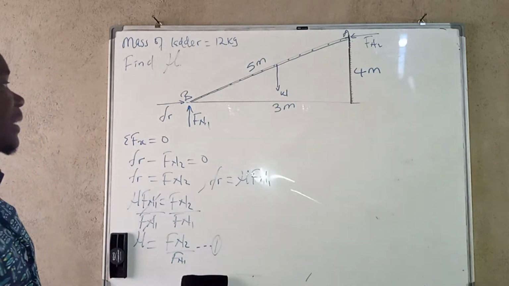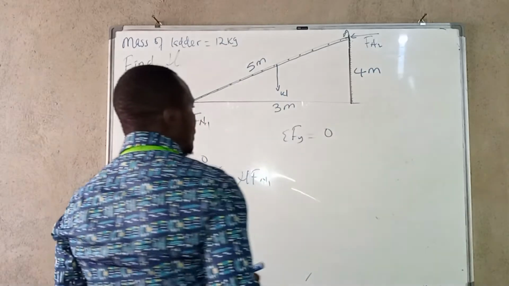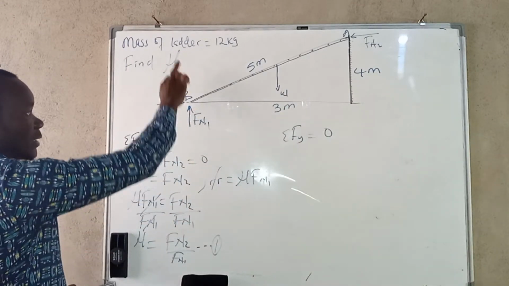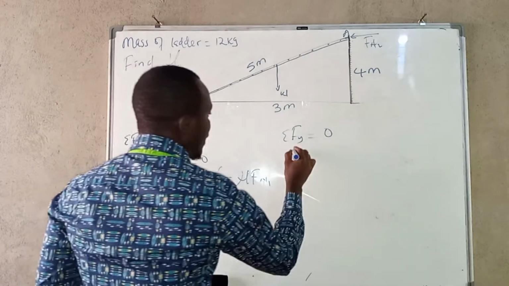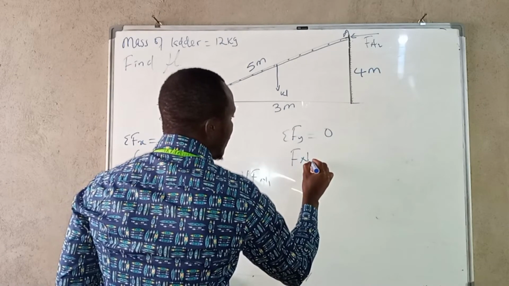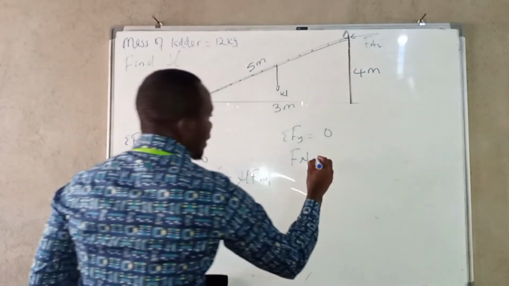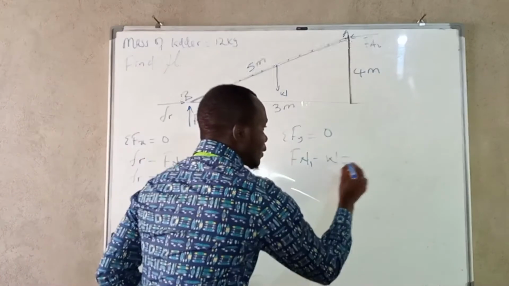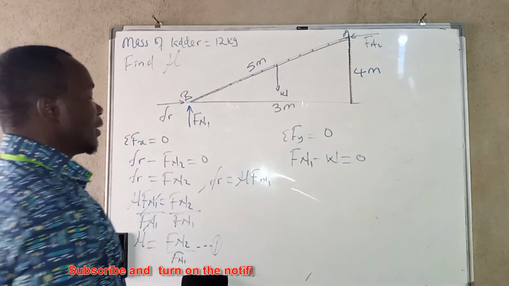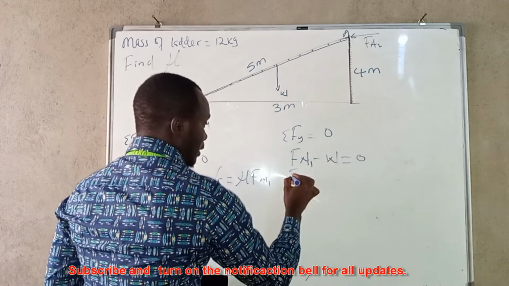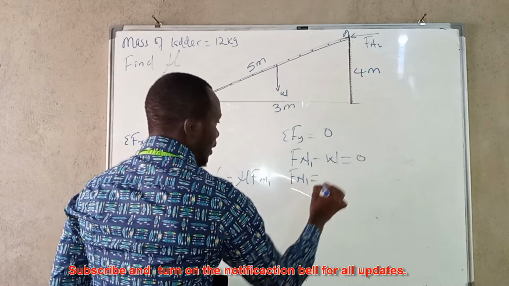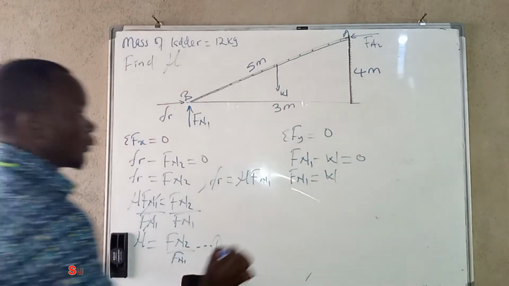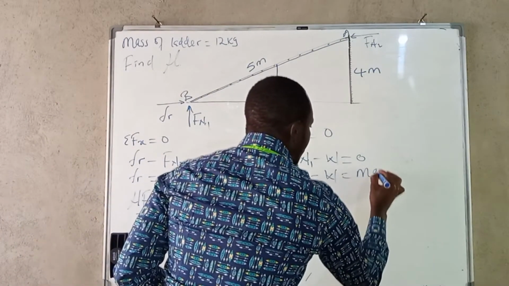But we also know that the summation of forces in y must give us 0. In the y direction, we just have Fn1 pointing upwards, then the weight W, and this gives us 0. When the weight crosses the equal sign, we have Fn1 equal to the weight, and weight is equal to mg.